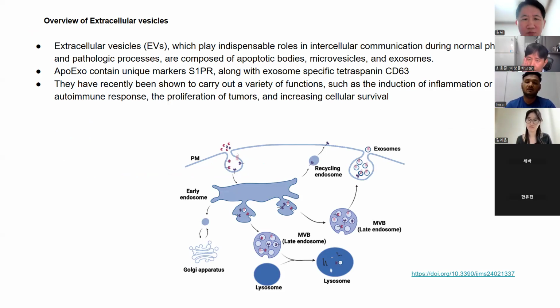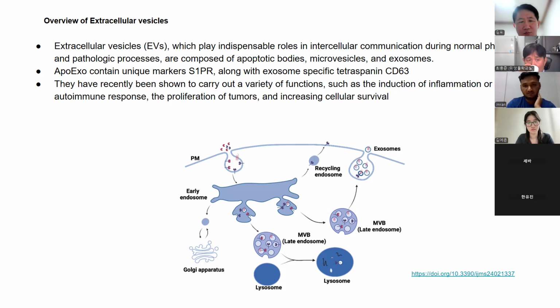Exosomes collected from dying cells are called apoptotic exosomes or apoexos, and they have unique markers of sphingosine 1 phosphate receptors, sphingosine 1 phosphate receptor 1, 2, 3, and 4, and also exosome-specific tetraspanins like CD63. These exosomes have proven to be functional in the induction of inflammation or autoimmune response, in the proliferation of tumors, or in increasing cellular survival.